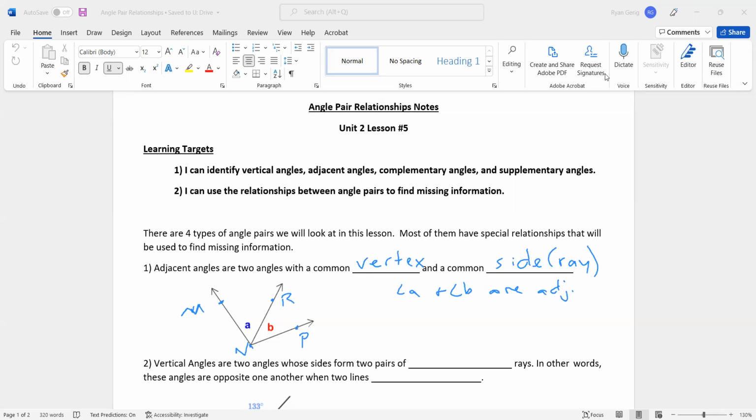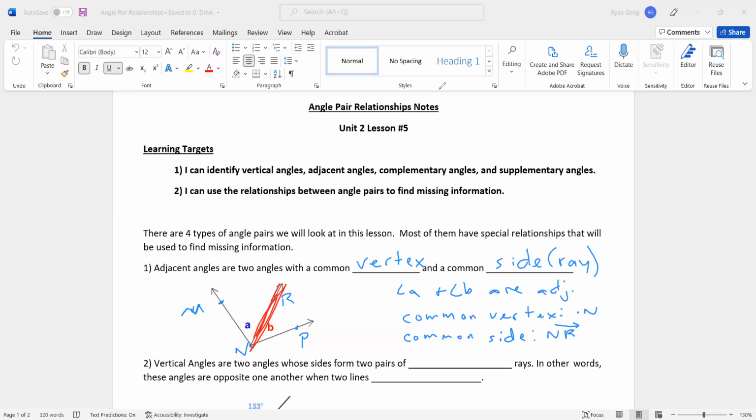The common vertex, well, what vertex do they both have? That would be N, right? They have a common side or a common ray. That is ray NR, right? You see how that is on both angles, okay?